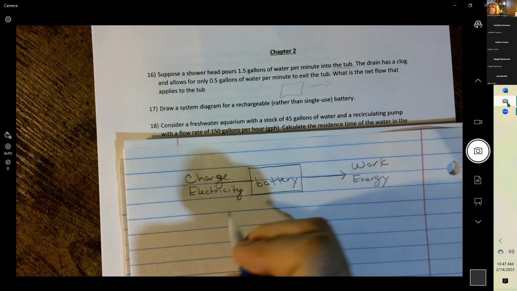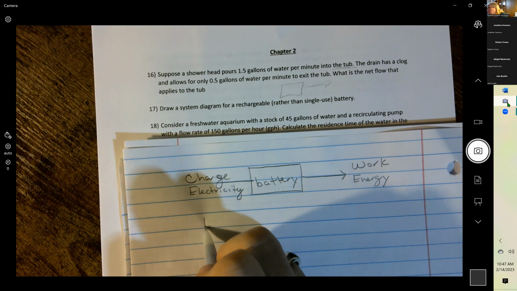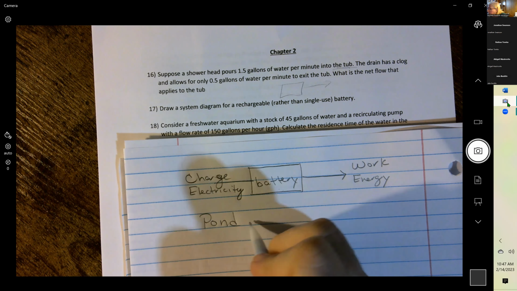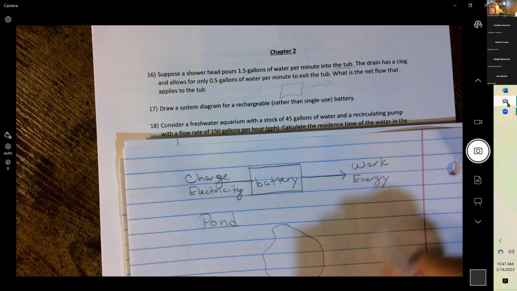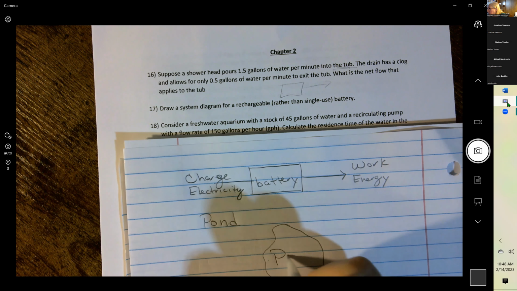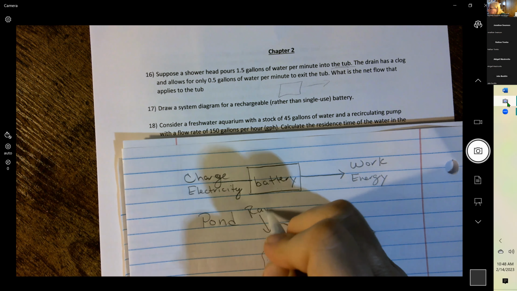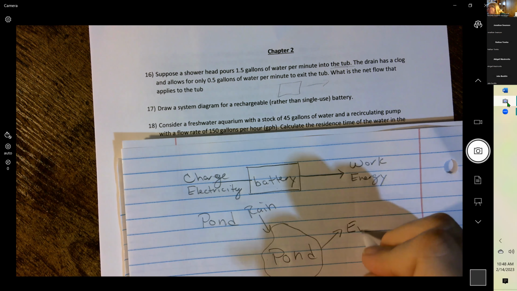Whereas if you had a pond, then you could have water that goes into the dirt, depending on what type of pond it is. You have the rain coming in, but you also have evaporation.